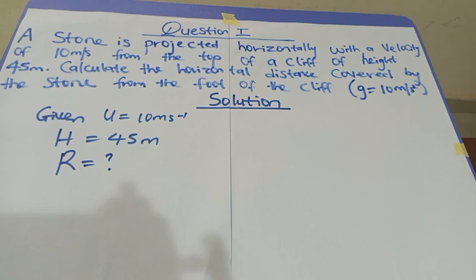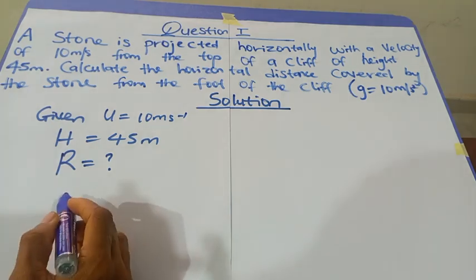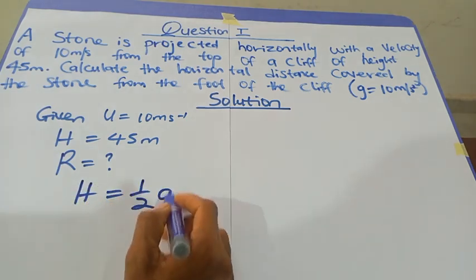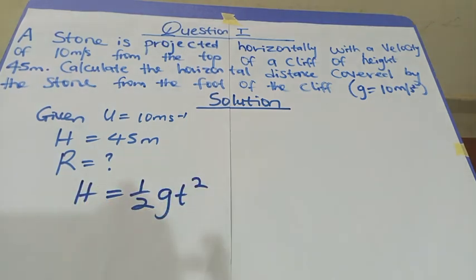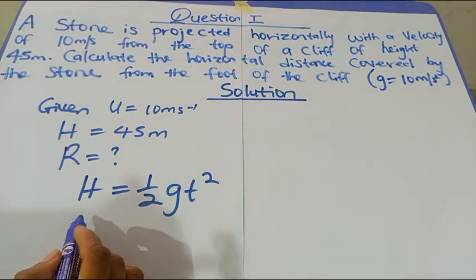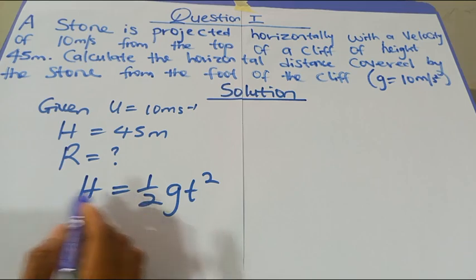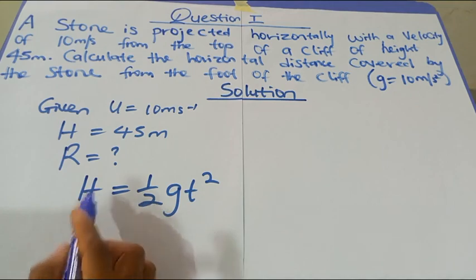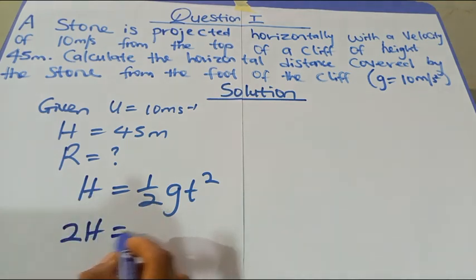That is the first thing we are going to calculate using h is equal to half gt squared. This is the first formula you are going to apply to get the time of flight. So we multiply 2 to both sides so that 2 will cancel 2. We'll have 2h is equal to gt squared.